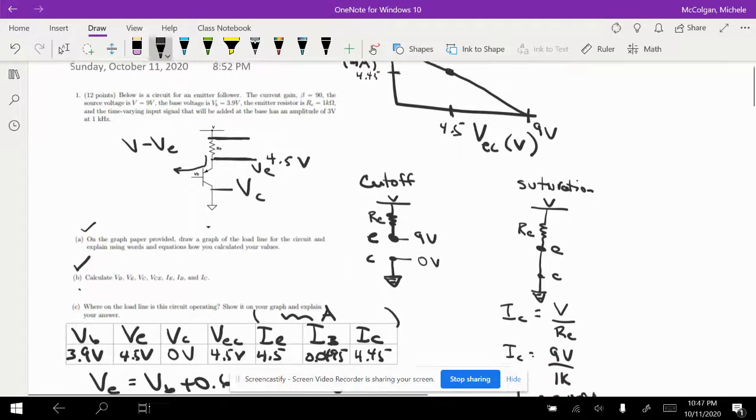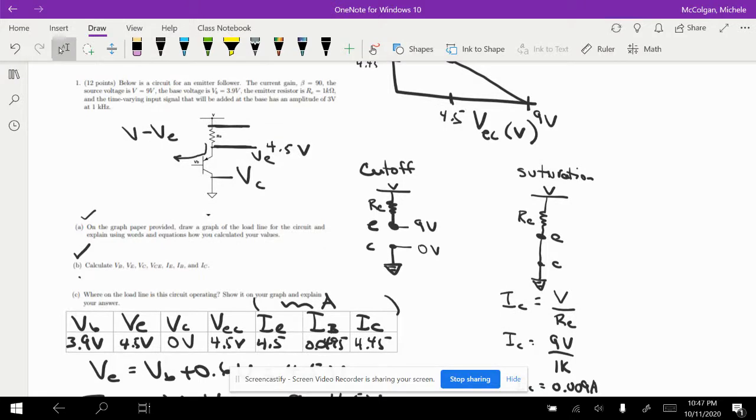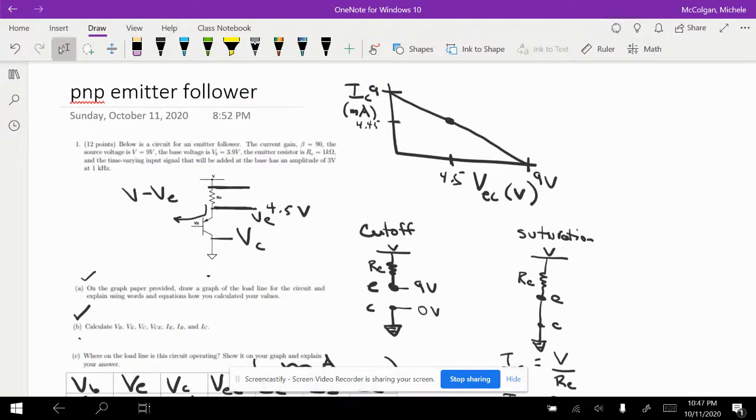And then my IB is at 0.0495. If I were to draw the characteristic curve, I'm going to get something that looks like that. So my IB is going to be 0.0495 milliamps, and that's around 50 microamps for that problem.